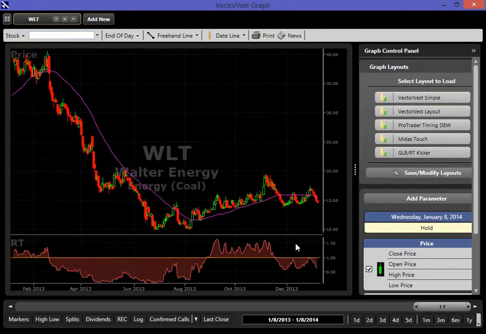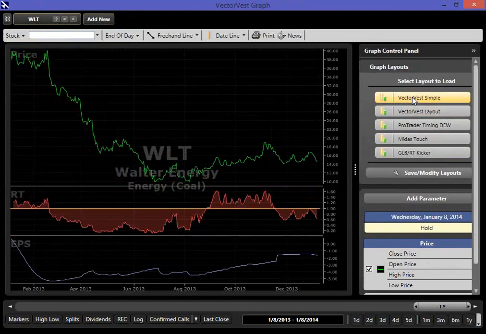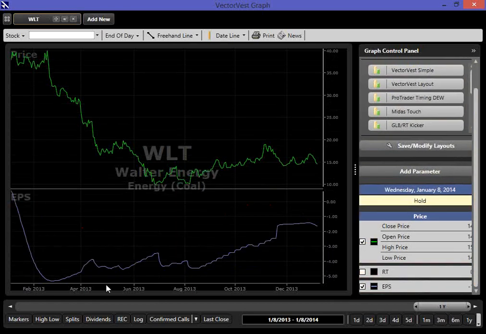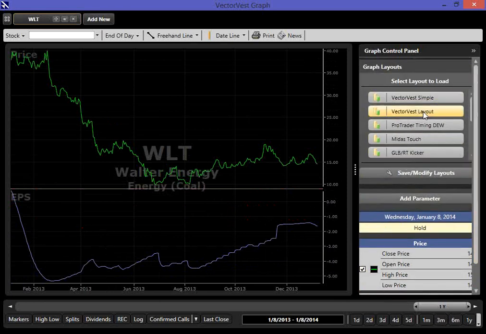Let's first talk about what we favor. I'm going to change our graph layout to VectorVest Simple, which includes a graph of our earnings performance. And because earnings drives that engine of price, what we favor is nice, smooth price action from bottom left to upper right, mirrored with nice earnings performance, bottom left to upper right. The smoother that line, the better. The less volatility, the better. So that's the idealized thing we're looking for.